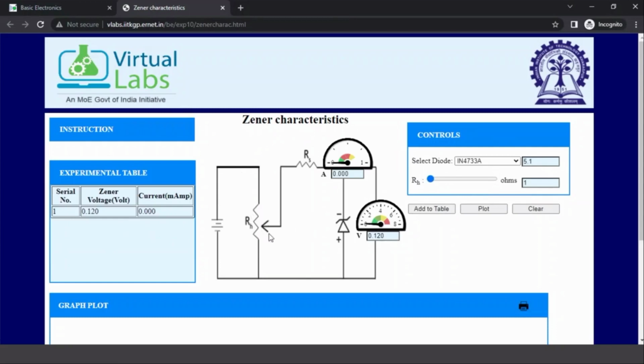Based upon this varying resistance, the voltage across the device will change, and once it is greater than the Zener knee voltage, the device will actually turn on. So current is 0 now, and if we keep on increasing this value, at some point it will start conducting.